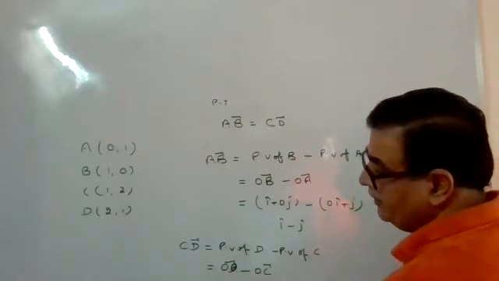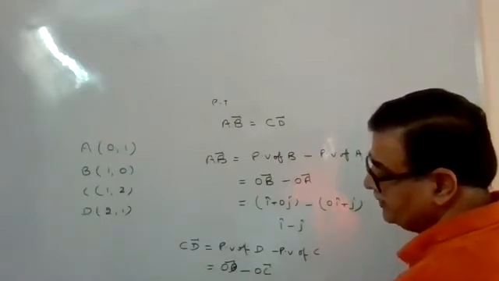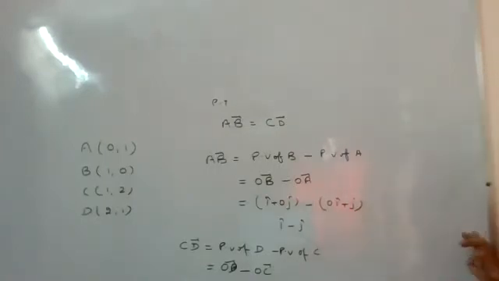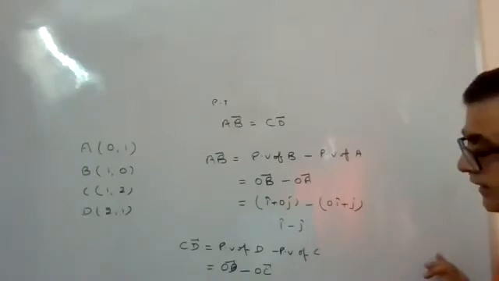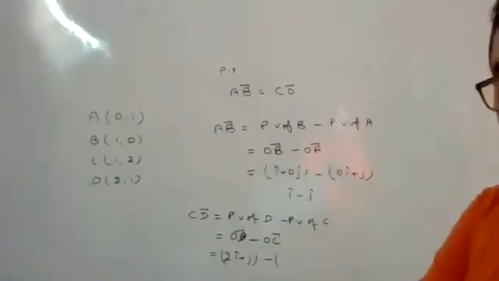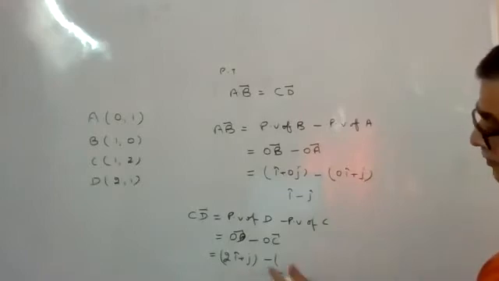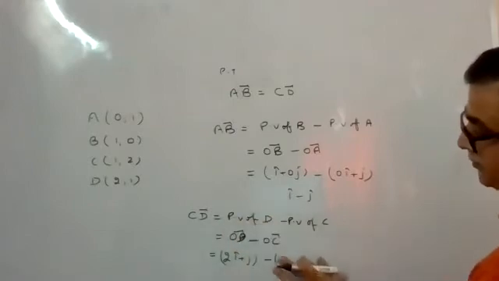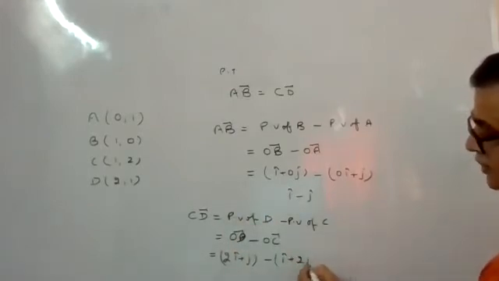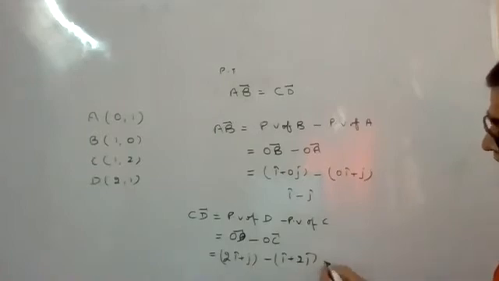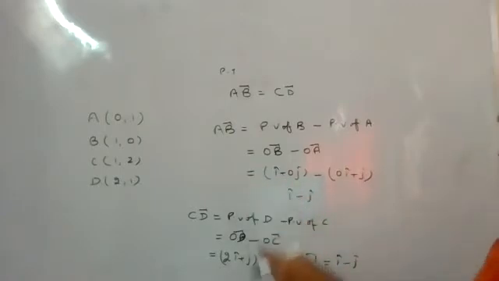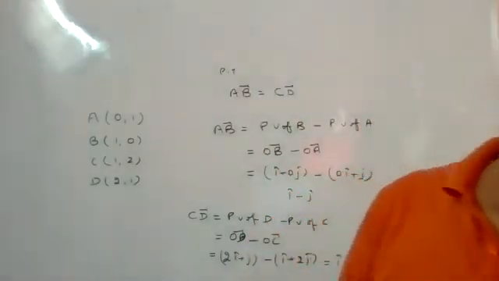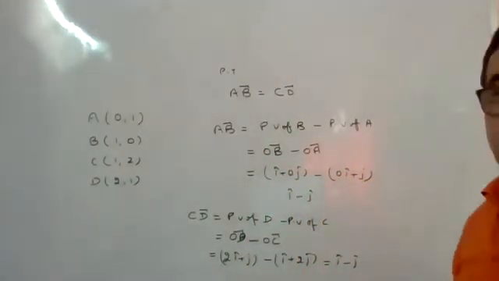OD vector, when I calculate, what will it come to? 2i plus j, minus OC, and OC means it will be i plus 2j. Now when you solve it, 2i minus i will be i only, and j minus 2j is coming minus j. Are they equal? Yes. AB vector is equal to CD vector. Next question, please.